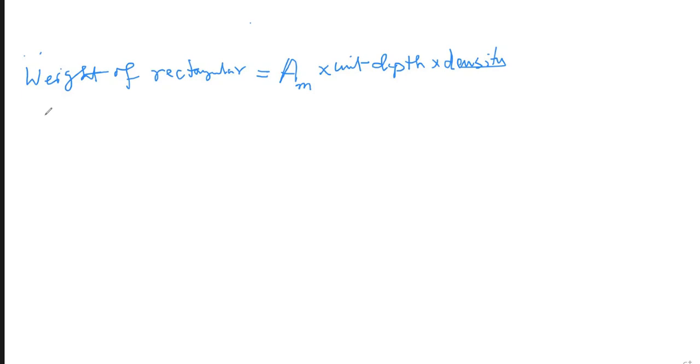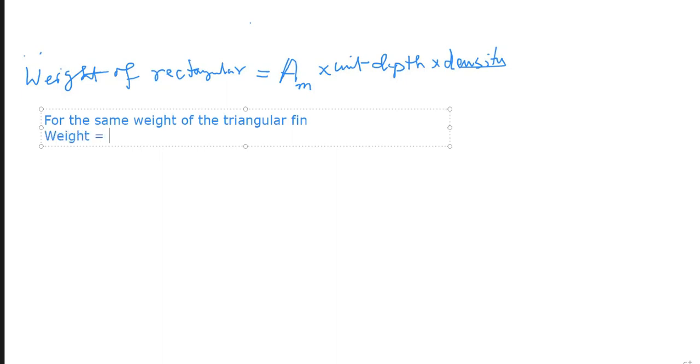Okay, so let me rather write it here, let's see. So for the same weight condition, for the same weight of the triangular fin, what will be the area? Sorry, what will be the weight? The weight will be that frontal area AM times, again similar to this, unit depth, because both of them we are considering unit depth, times the density.